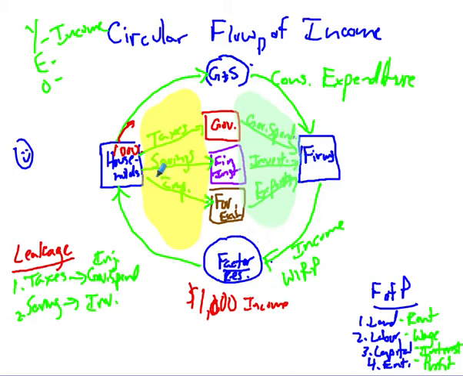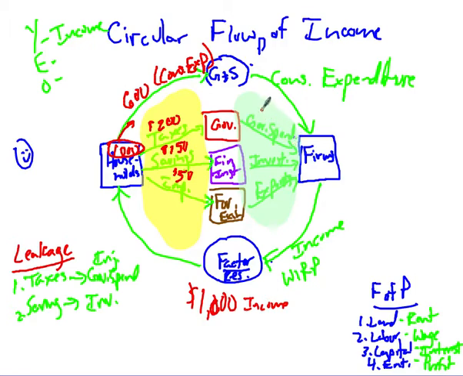Now the question is, what if we have our $1,000, and we spent 600 in consumer expenditure, 600 bucks on goods and services? What's going to happen? The $400 extra has to go to one of these three things. Let's say you pay 200 in taxes, you have 150 in savings, and 50 of it goes to imports. Does the 200 coming into the government have to equal the 200 in government spending?